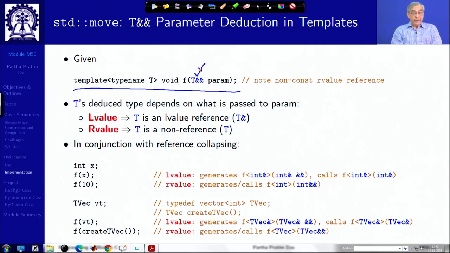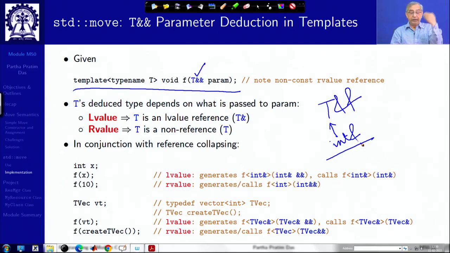For example, if I have passed an L value, an int&, then what will happen? Reference collapsing, an L value and an R value, so it will get collapsed to the L value reference.